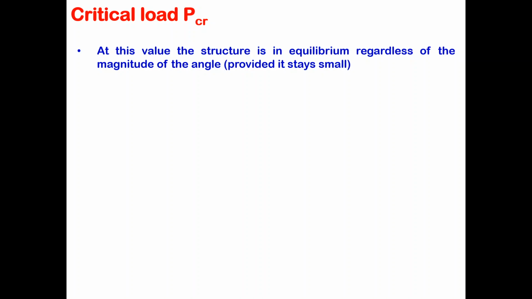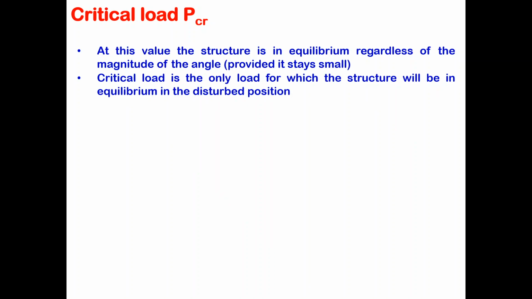At the P critical value, the structure is going to be in equilibrium regardless of the magnitude of the angle. And you have to keep in mind that we did all of this analysis assuming that the buckling angle in the column is very small. Okay. Critical load is the only load for which the structure will be in equilibrium in a disturbed position. Okay.